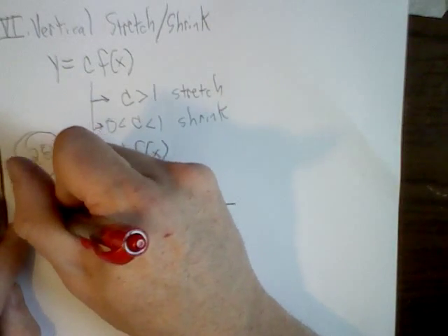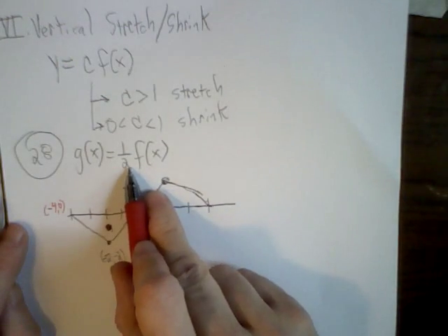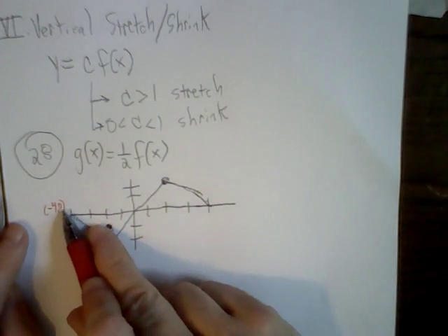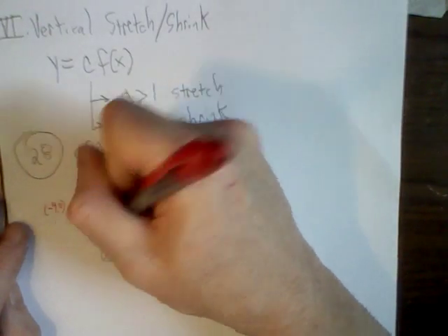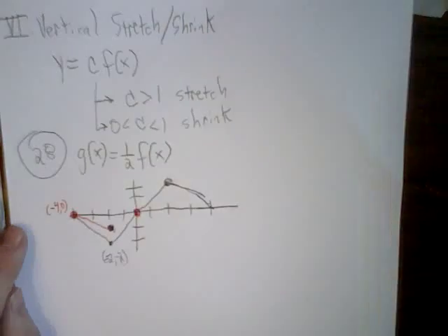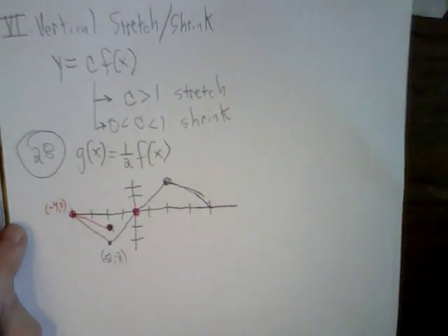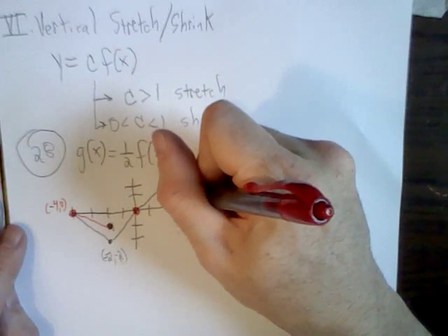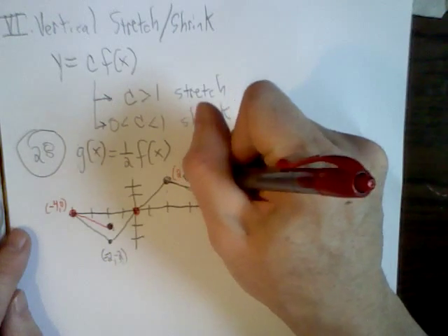This point right here is at -4, 0. Again, it's 1/2 times the y coordinate. So 1/2 times 0 is not going to change its position. Same for here. The original coordinate is 0, 0. When you multiply 0 by 1/2, you get 0 again. Then this guy here is at 2, 2.